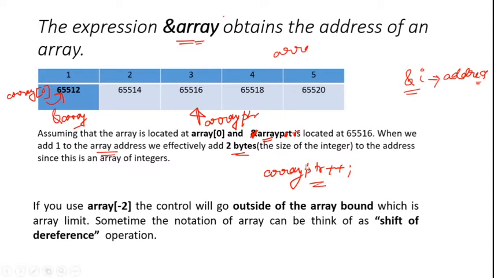If you use array[-2], this is the index, then what will happen? Because array[0] gives us the base address, instead of 0, if we write array[-2], then obviously it will go beyond the bound of the array space.